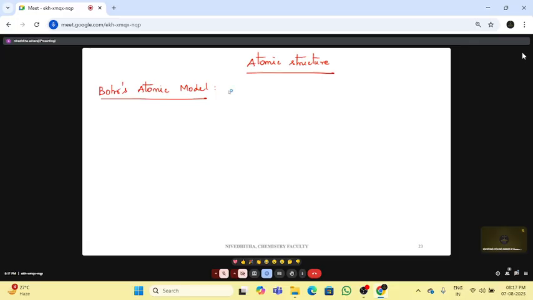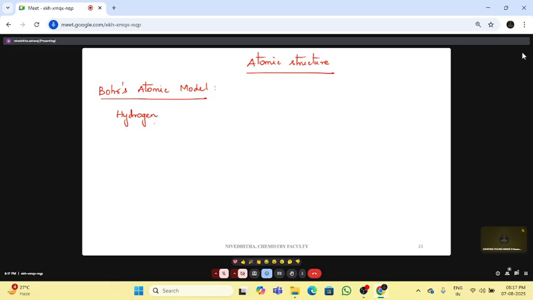This is positive charge nucleus and electrons orbiting it. Yes, actually, according to Bohr, first of all, he tried to explain the structure of hydrogen atom, not any other atom. It is just the hydrogen atom structure. Okay. Why? Because this is the simplest atom we have.